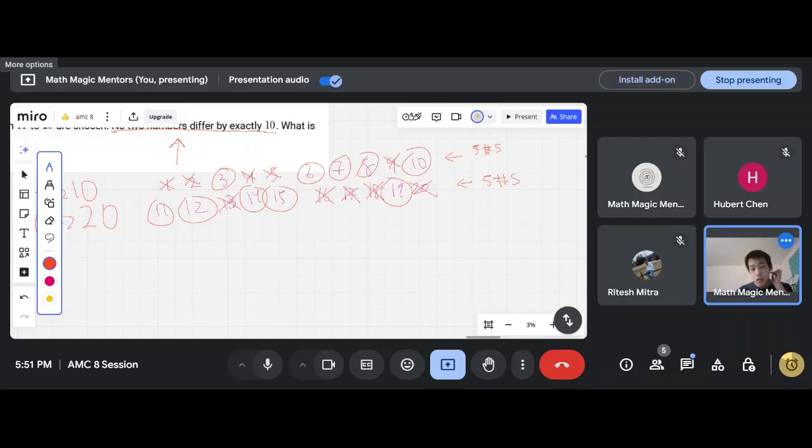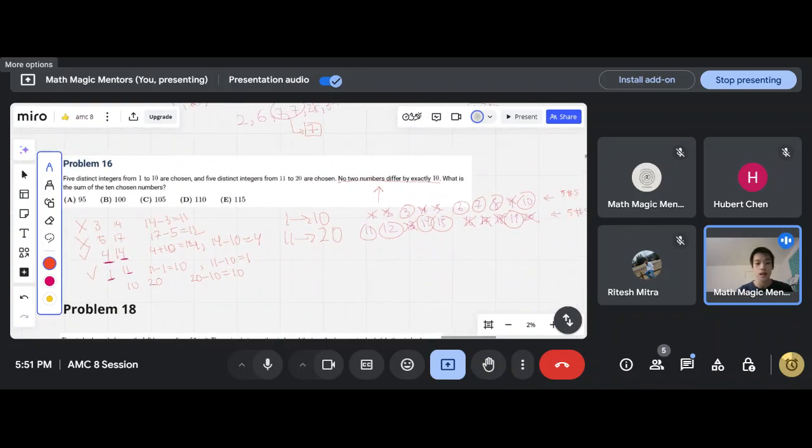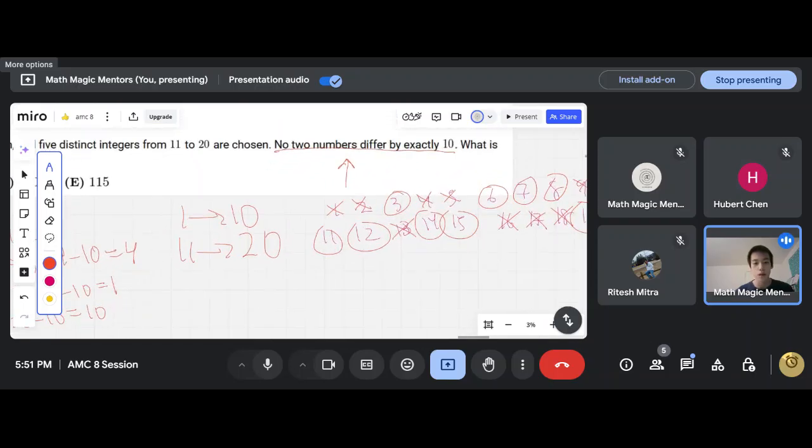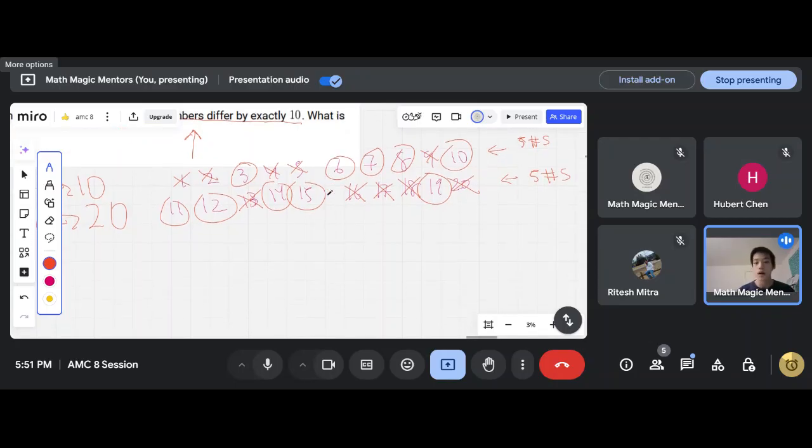The nice thing about this problem is that you can pick the 5 numbers in the first range at will, and the numbers in the second range will be fixed. So we can choose how we pick the 5 numbers in the first range just to make our sum easier, because we're always going to get the same sum, and we can prove this.